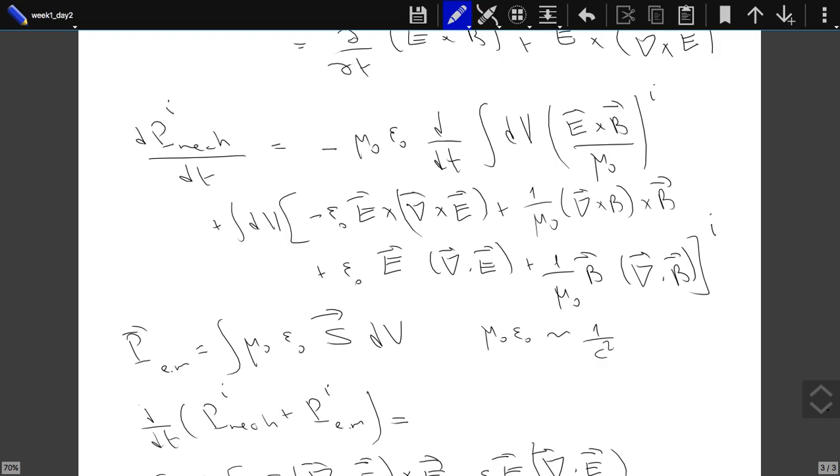The interaction between all the atoms is electromagnetic, so the linear momentum of this system is actually the linear momentum of the atoms plus the electromagnetic field in my system. Now if I release my finger and allow it to rotate, the linear momentum of this keyboard is no longer conserved. Why? There's gravity, our external force. And since I define this as my system, not my hand, there is a force exerted by my hand. This is external to my system, so the linear momentum of this system is not conserved.